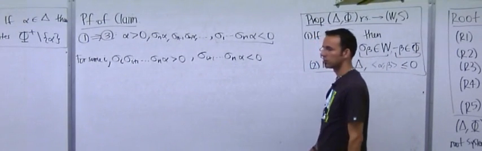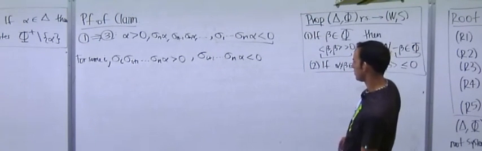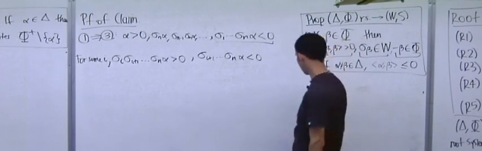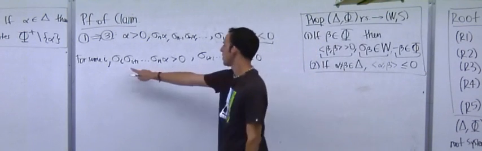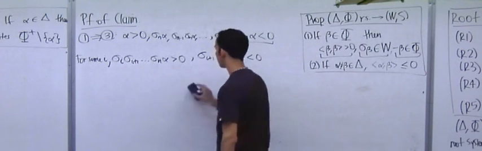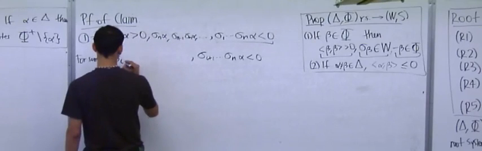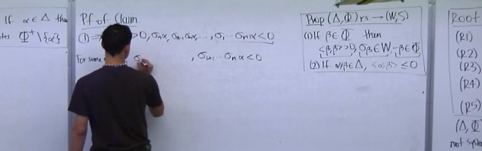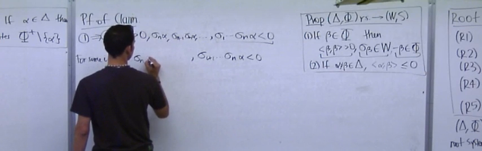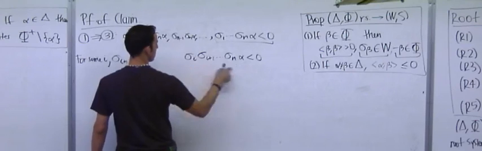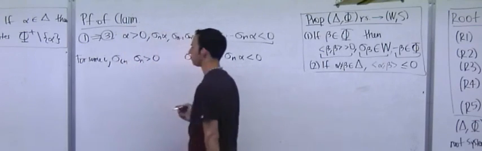Now, the longer one should be negative. That's right. This one is the longer one. This one is the shorter one. So the longer one is negative. The shorter one is positive.